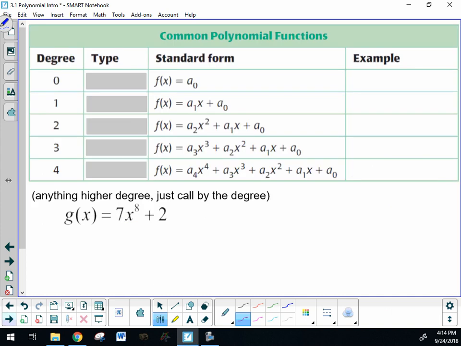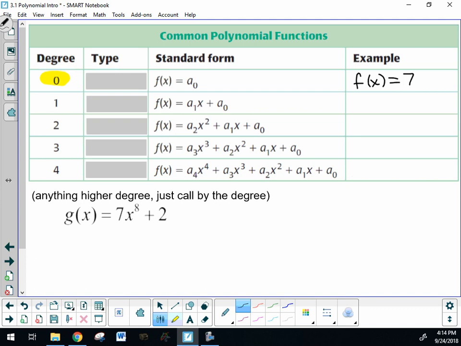Okay, so I just want to talk about some common polynomial functions in terms of their types of functions. You've already seen some of these. If a polynomial is degree 0, so I'm talking about this first row, it will literally look like f of x is a number, like 7, or it could be 2, could be any number.